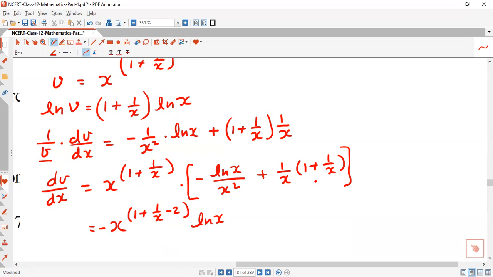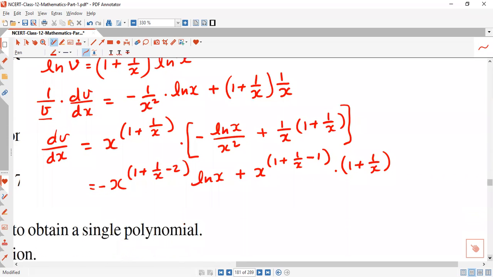See the second term, this x is taken to the upper side, and you have multiplied with the 1 plus 1 by x. Okay, plus x raised to 1 plus 1 by x minus 1, into 1 plus 1 by x. So you are getting here the terms.